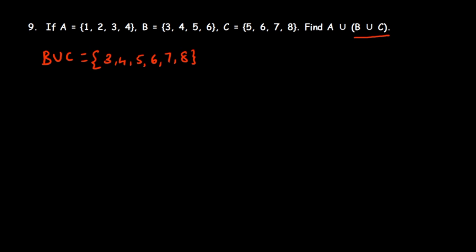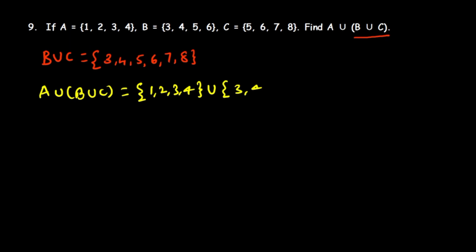Now the question is A union B union C. Set A is 1, 2, 3, 4, and B union C we got 3, 4, 5, 6, 7, 8.